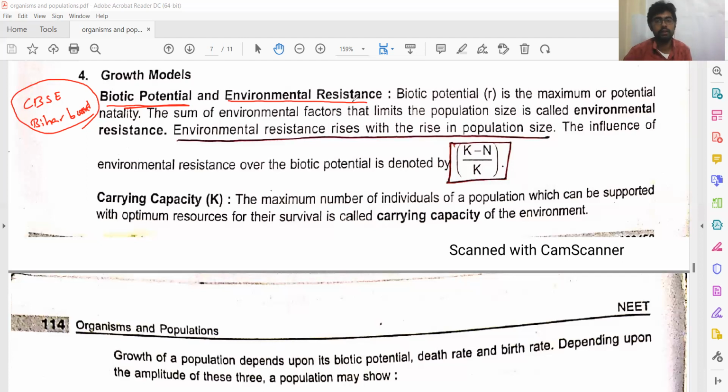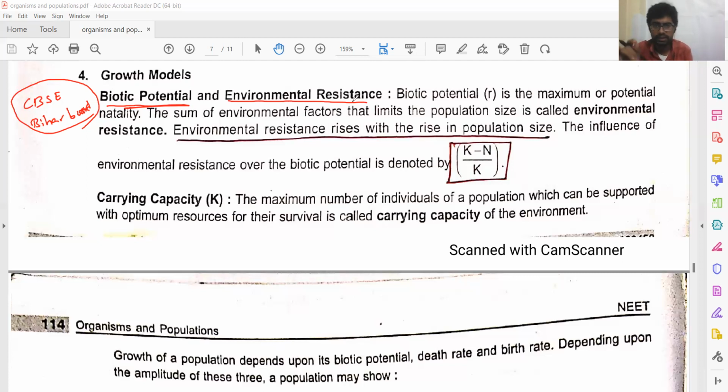population size. For example, if there are 100 tigers, they can live in a smaller area. If the 100 reproduce again and again and produce a population of 1,000, that smaller area which was sufficient for 100 tigers becomes insufficient for the survival of 1,000 tigers. Maybe due to unavailability of food, maybe due to unavailability of a mate, or anything like that.